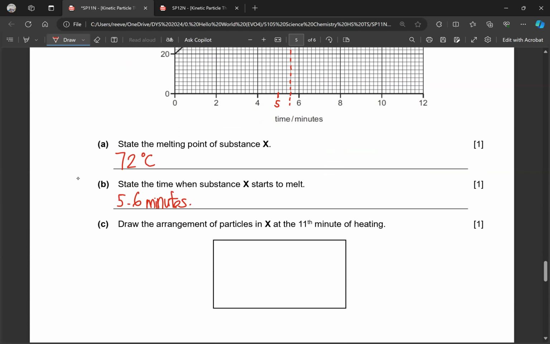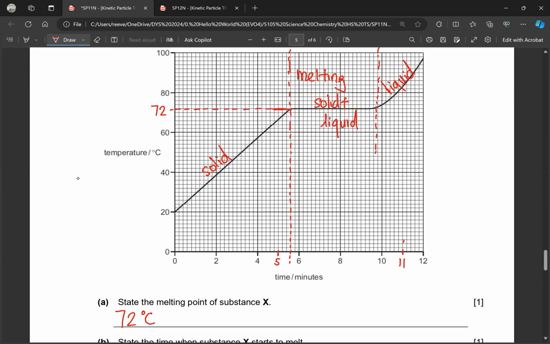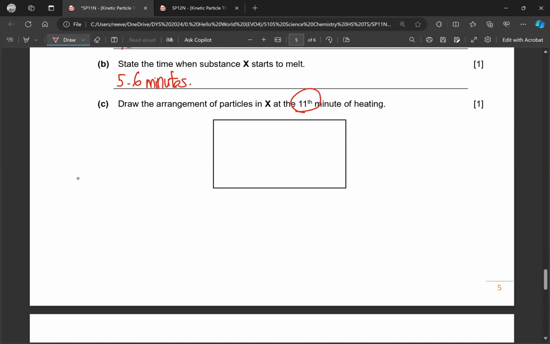Okay, this one is drawing. At 11, let's look where's 11. It is somewhere here. If you check, 11 is a liquid. So you need to draw a liquid. How do you draw a liquid?